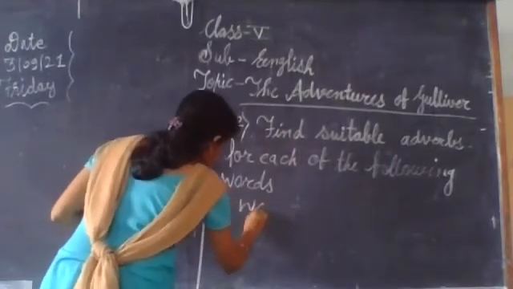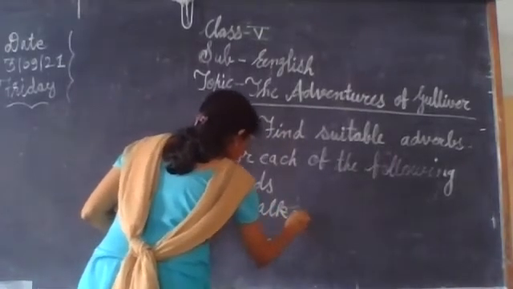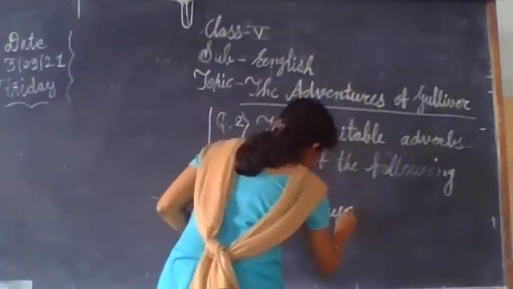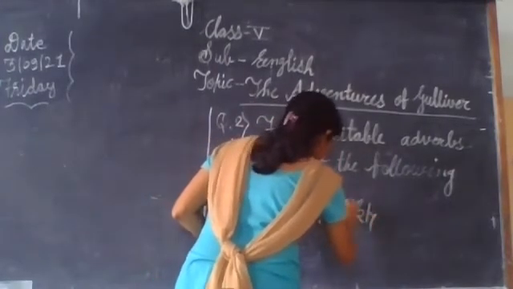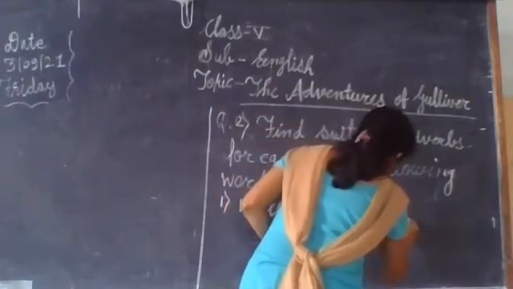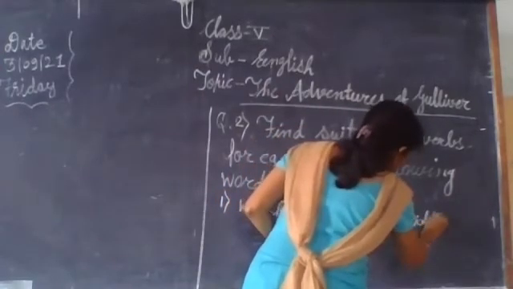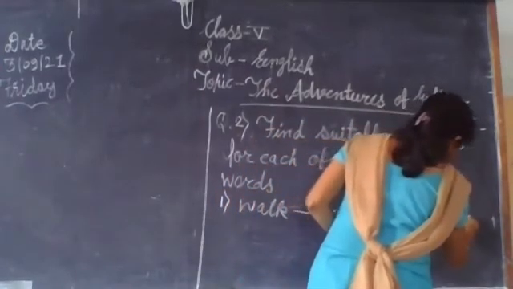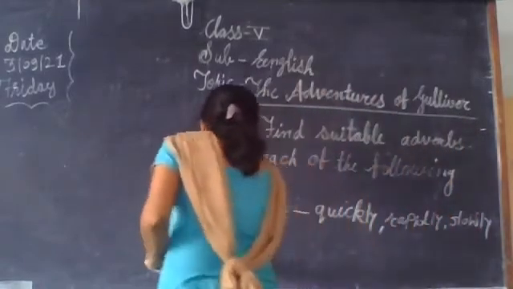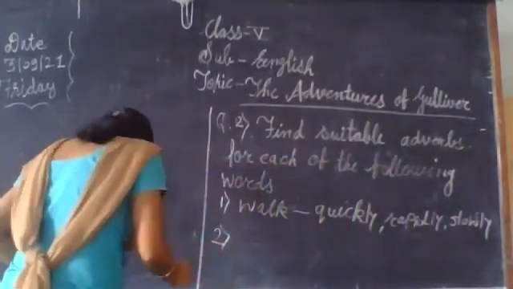First, write down the word walk, and we have to write 3 adverbs. Walk quickly. Walk rapidly. Or walk slowly. Now the second word is speak.